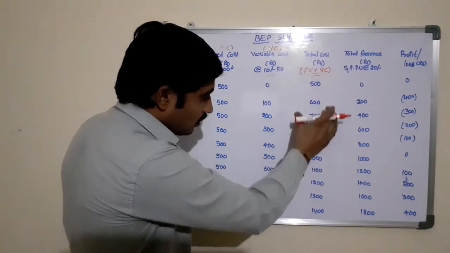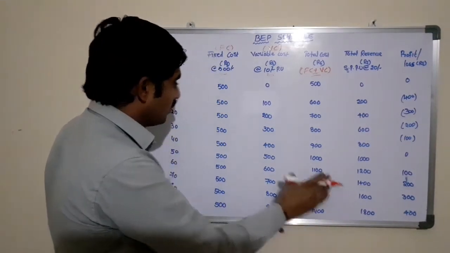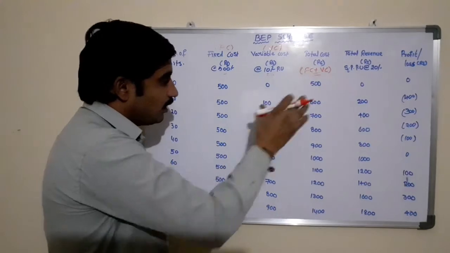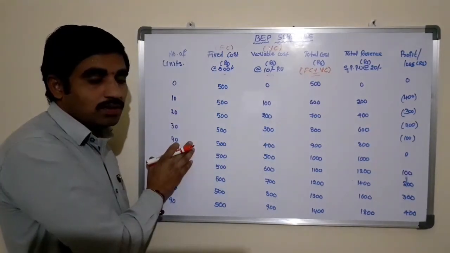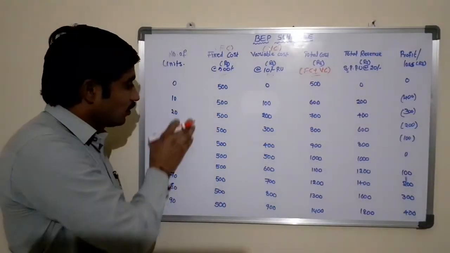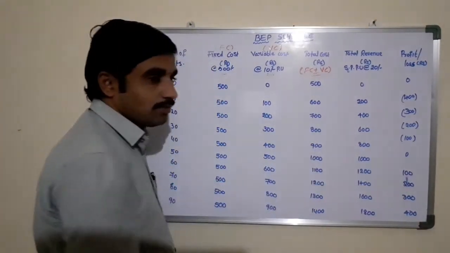So the total cost of the production increases while increasing the production, and decreases while decreasing the production. So there is a positive relationship between the total number of units that we are producing in the business and the total cost of the production.